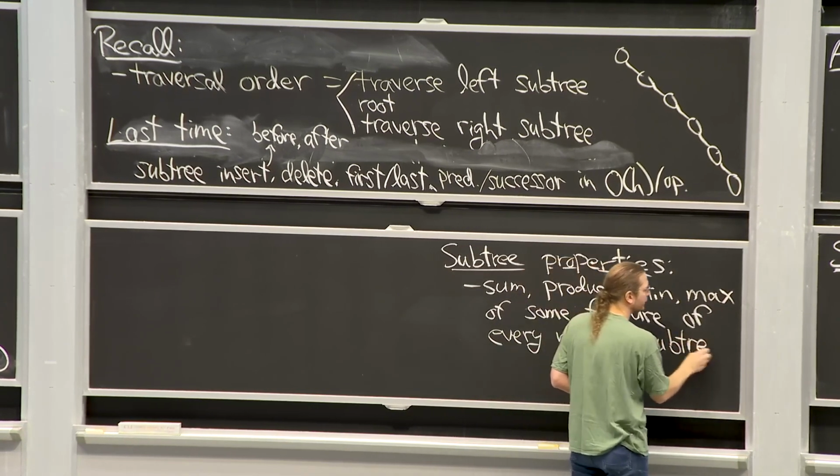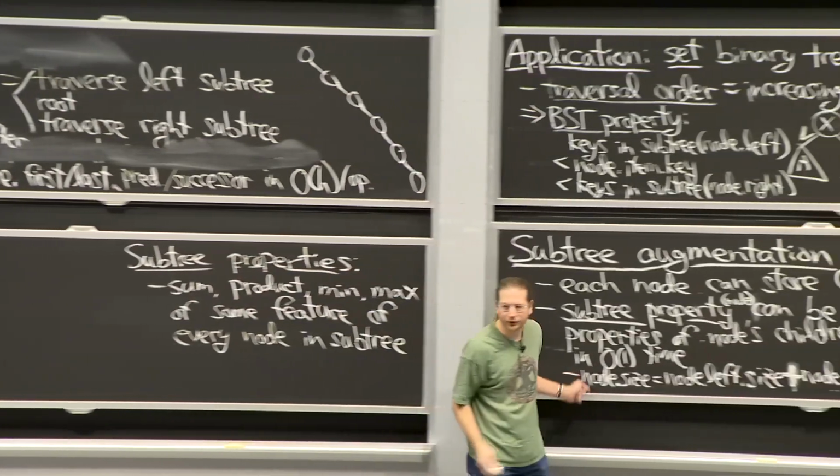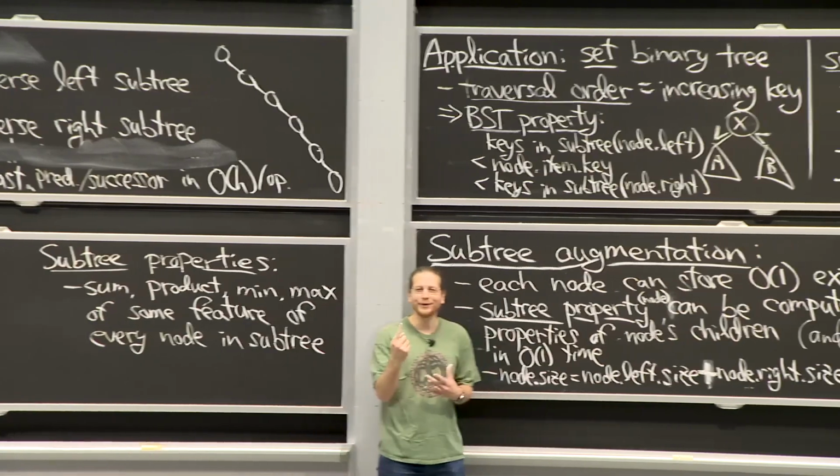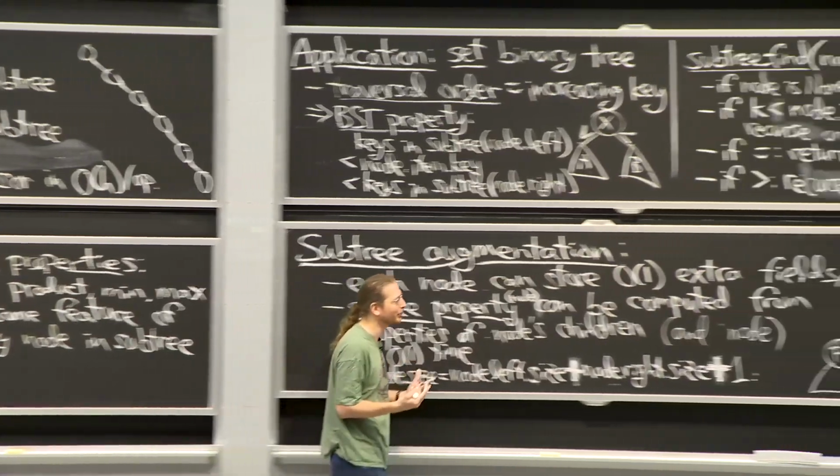In fact, subtree size is an example of such a thing. It is the sum over all nodes in the subtree of the value 1. That's another way to say count the number of nodes.